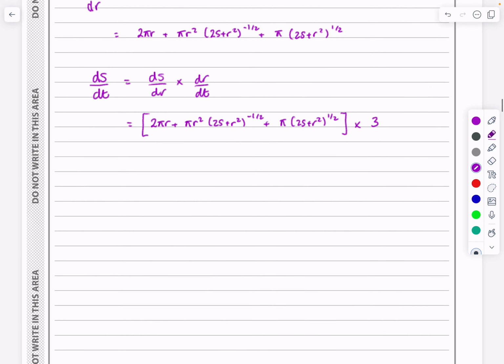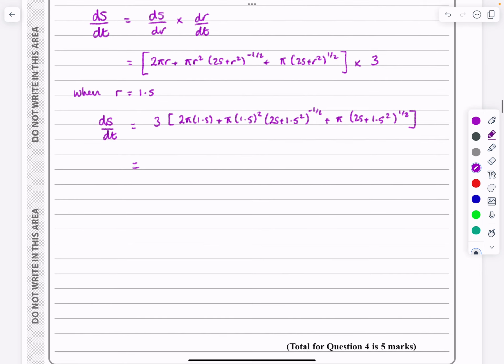And what we've now got to do is find that when r equals 1.5. So ds by dt is going to be 3 lots of 2 pi 1.5 plus pi 1.5 squared times 25 plus 1.5 squared to the minus a half plus pi times 25 plus 1.5 squared to the half.